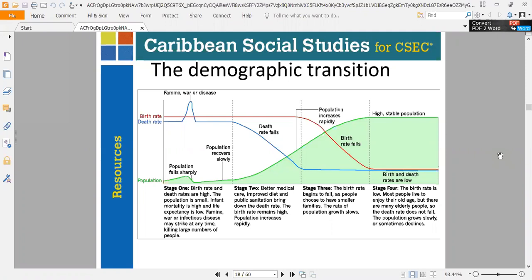So that's the question. What strategies do you think that the government implemented to ensure that there was an increase in the population? So as the government of a country, suggest three strategies that you may use to cause the population to grow.